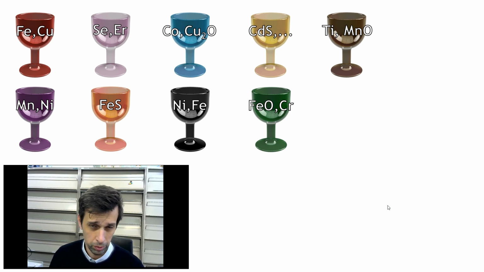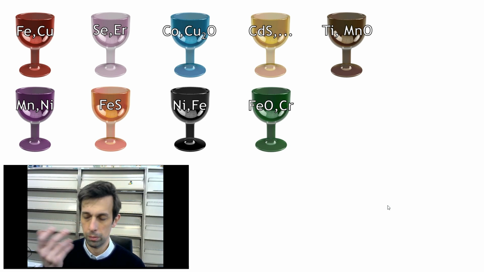Cadmium compounds, but also silver compounds, etc., can produce a nice yellow. With titanium, we can go to browns. Manganese and nickel can go to purple, or more manganese than nickel. Then we can have orange, we can have black, we can have green, depending not just on the element, but also on the valence of the element we add inside.